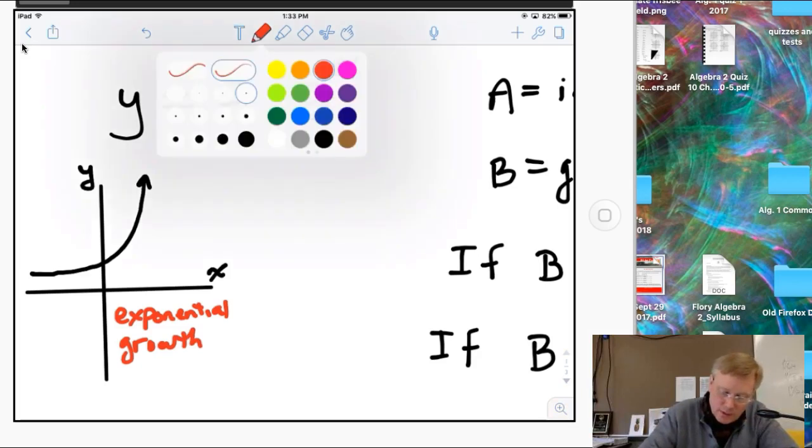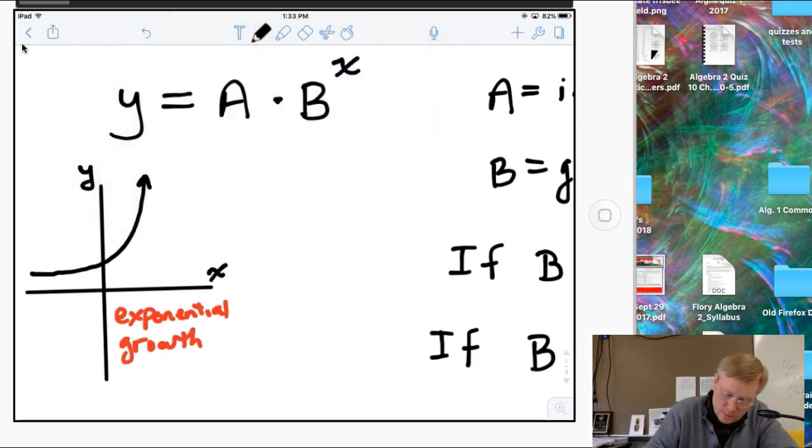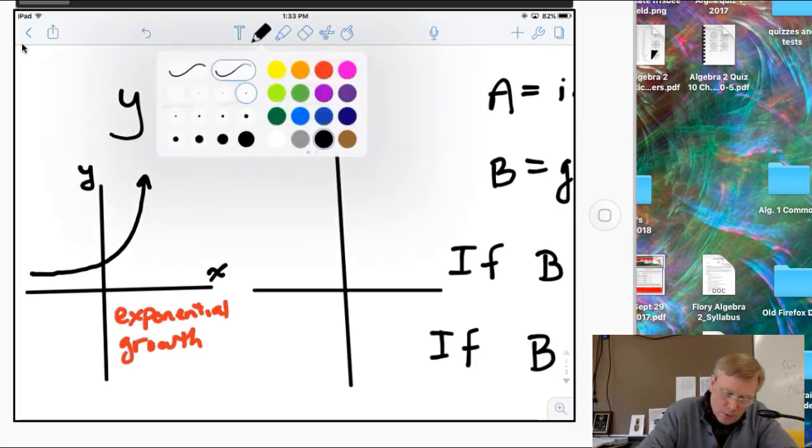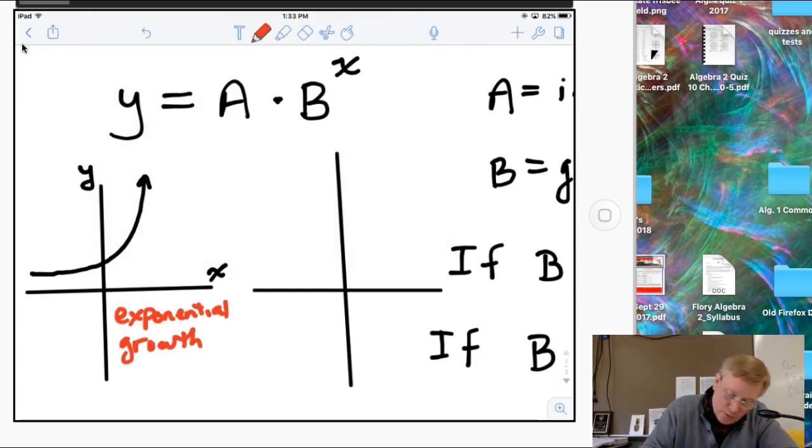If it looked like this, where instead of going up, it's going to be curving back down like this, this would be the other one, exponential decay.